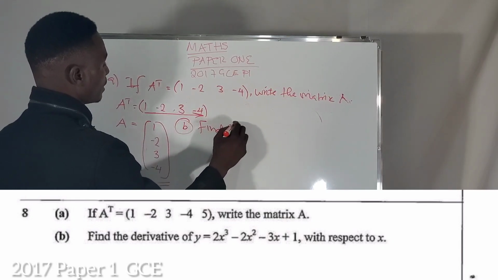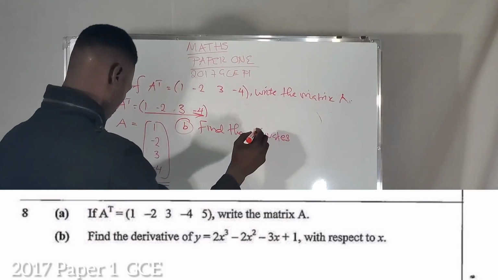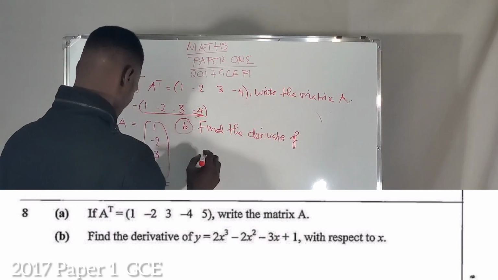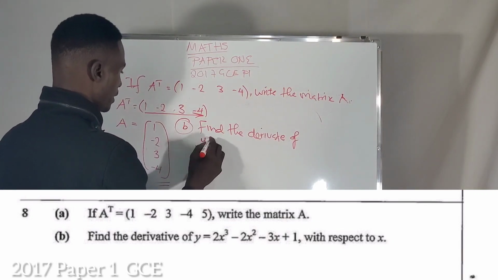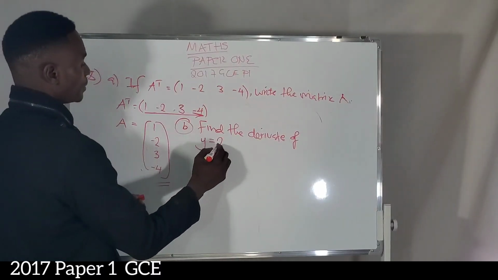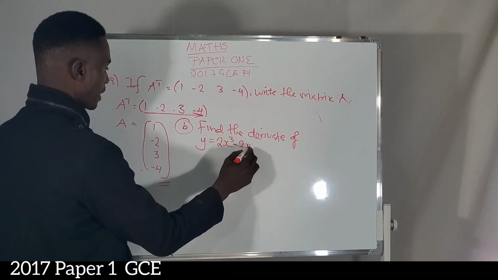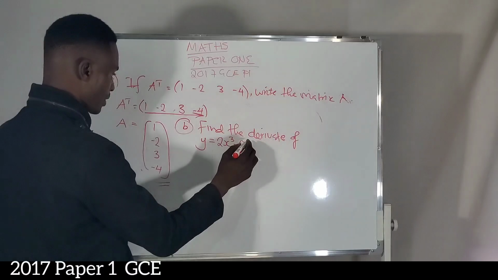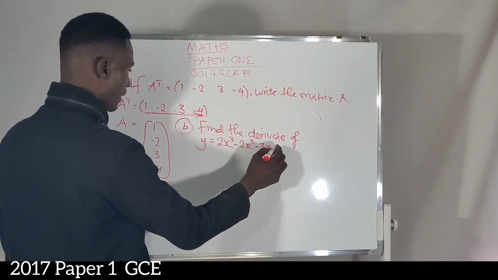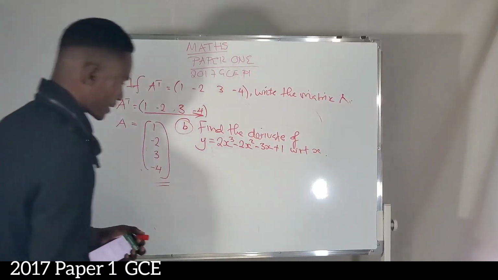Find the derivative of y is equal to 2x to the power 3 minus 2x squared minus 3x plus 1 with respect to x, and this is 2 marks.